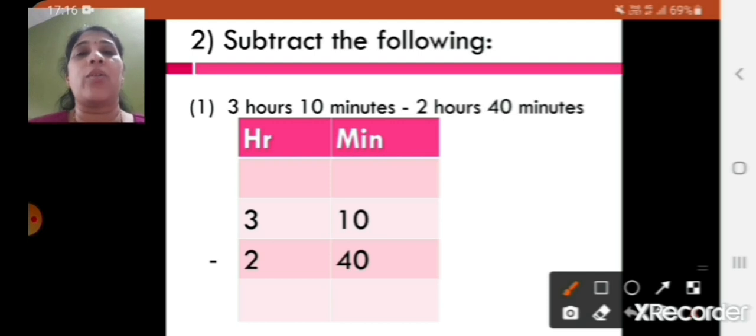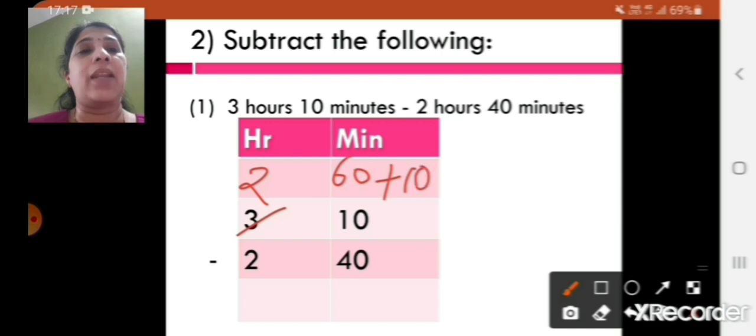So when we are borrowing 1 hour from the hour column, 3 minus 1 will become 2, right? And 1 hour is equal to how many minutes? 60 minutes. So 60 plus 10 is equal to 70, right? So now 70 is larger than 40. Now you can carry out the subtraction.